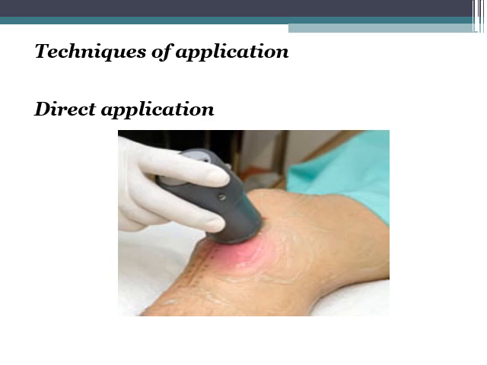First is zigzag manner. You can move the head in zigzag manner, or in circular manner, or in a spiral or H-shape manner. And we always use ultrasonic jelly whenever we are using direct application.